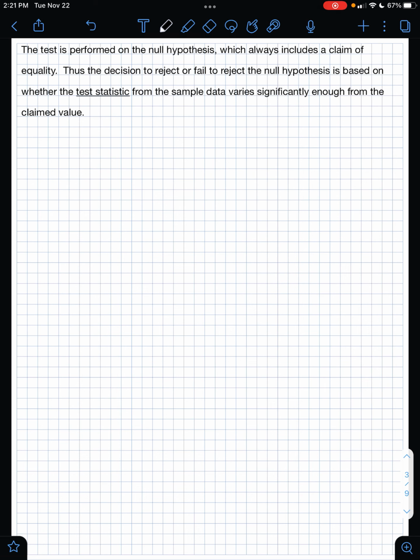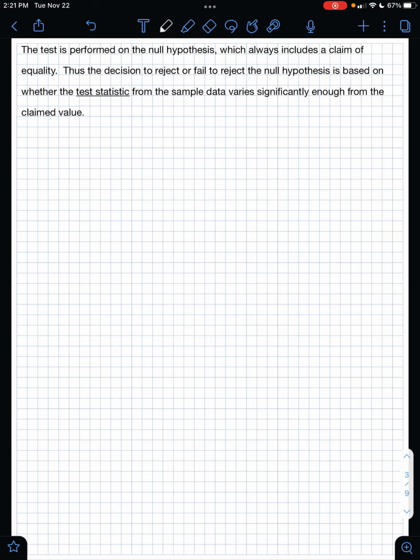So let's suppose the claim is that the mean is 98.6 degrees. So we take the temperature of 20 people or 50 people or 100 people, whatever our sample is, and we find the mean temperature. And suppose we find the mean temperature to be 98.3.